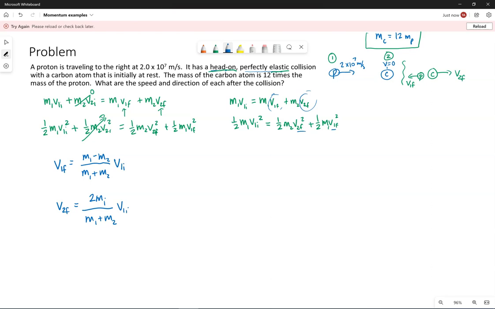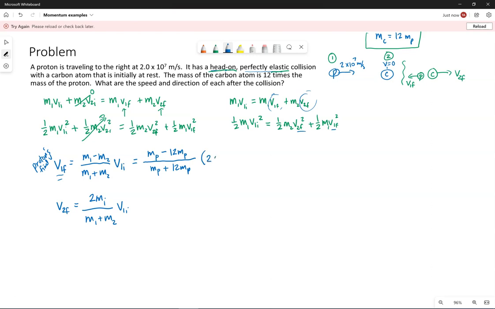So V1 final, where 1 means our proton, is going to be the proton's final velocity. M1 is the mass of the proton. M2 is the mass of the carbon atom, but the problem told us that the carbon atom is 12 times the mass of the proton, so I'm putting in 12 times the mass of the proton in place of that.